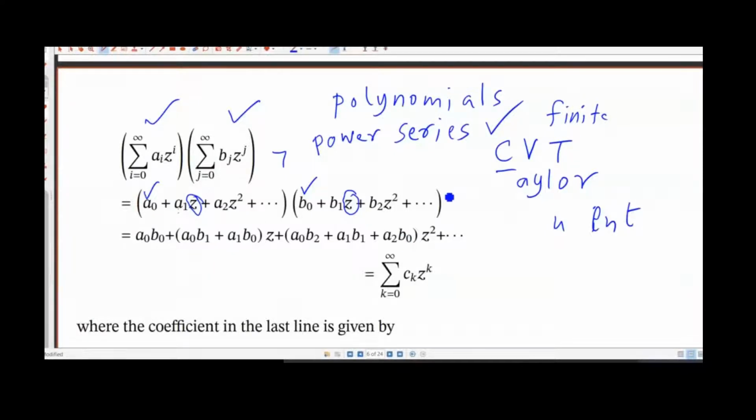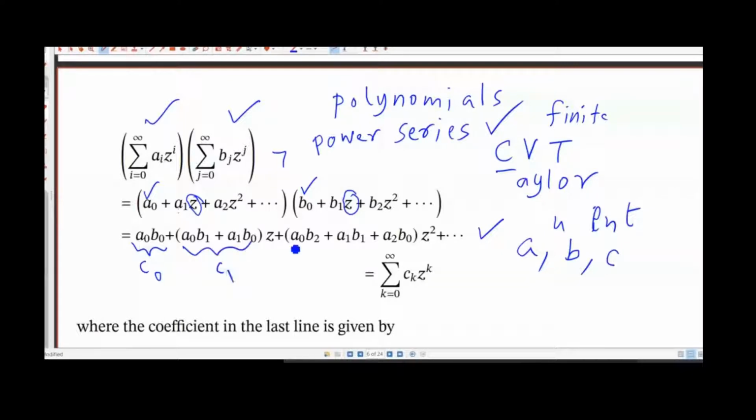So I can give a name to this. Let me call this C naught because I started with 2 series. I had a sequence A, a sequence B, and I know that when I multiply the 2 PGFs, that product is a PGF, and that PGF must be the PGF of some other sequence C. So I'm just calling this C naught, and I'm just calling this C1.